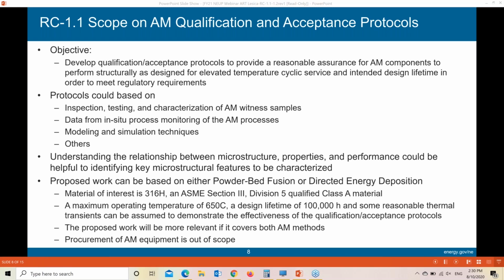Sam, the same question that Will just answered for RC 1.2. For RC 1.1, are modeling or experimental procedures preferred? Well, experimental.